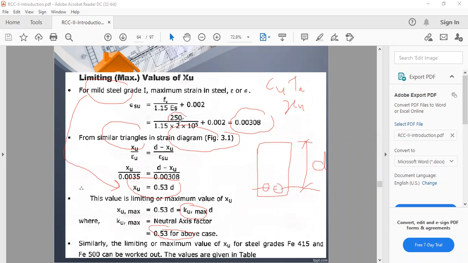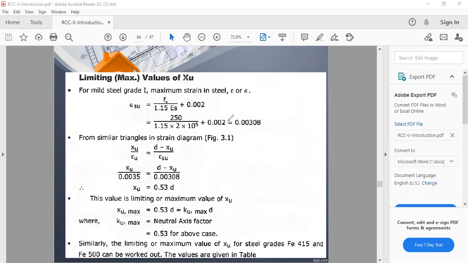Now instead of 250, if you replace it with Fe415 or Fe500, the value of Xu max will change slightly. The method is the same, the formula is applied in the same way: Fy by 1.15 Es plus 0.002.